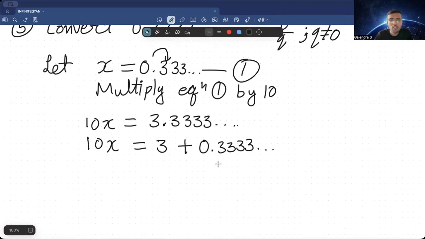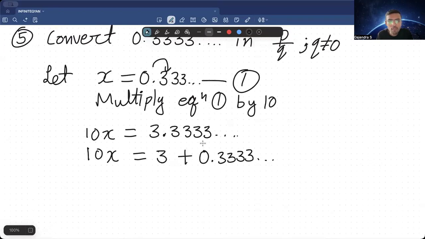And now this thing is equal to x, correct? Here we had let it be x, correct? So here 10x is equal to 3 plus x.